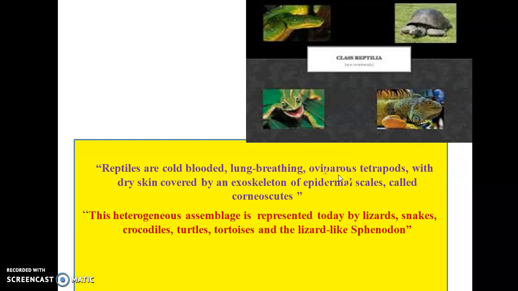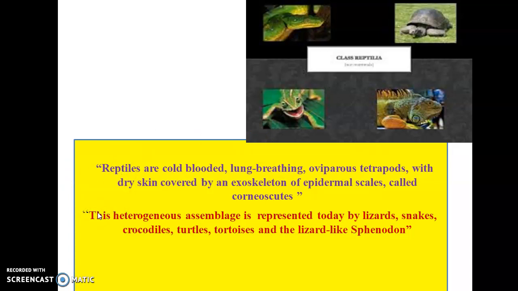Oviparous means egg laying, and tetrapods means having 4 limbs, with a dry skin. They have an exoskeleton of dry skin, composed mainly of epidermal scales called corneocytes. An organism that possesses all these features, we can say, is a reptile.